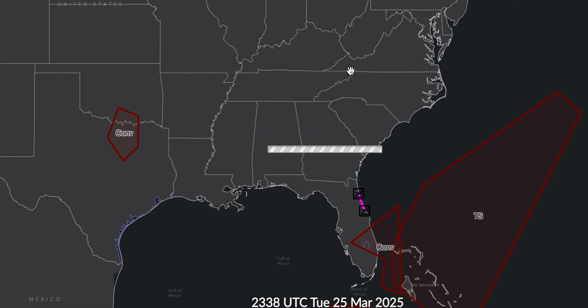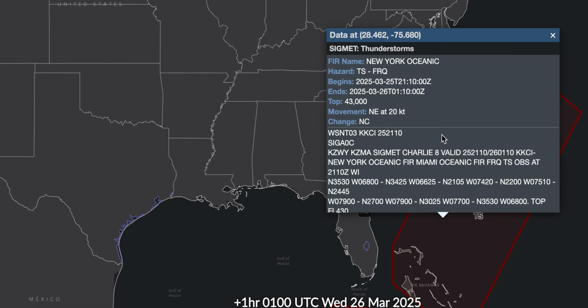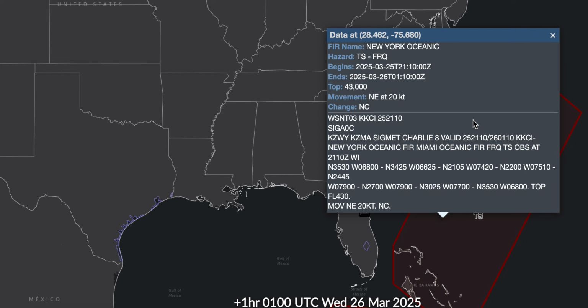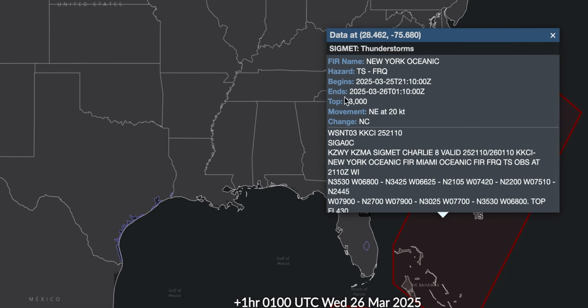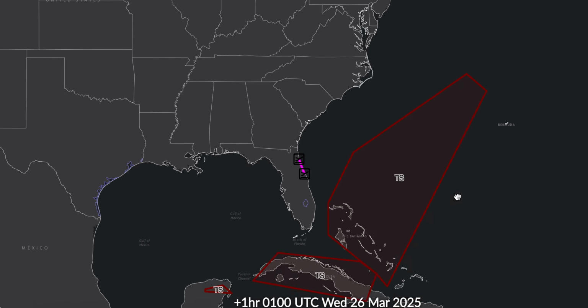Now, SIGMETs. I can see that we have one over here, issued by New York Oceanic. Thunderstorms, top is 43,000 feet. That's pretty dang high. It's moving northeast at 20 knots, so moving relatively quickly.